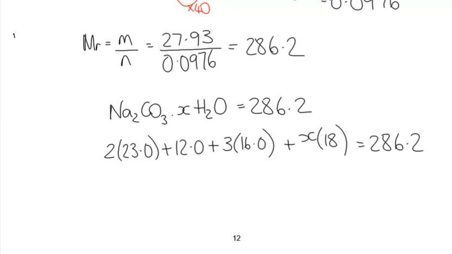So do some algebra, rearrange. I'm going to get 18x is 180.2. So x is pretty much bang on 10. Now it's a number of waters of crystallisation, so we want a whole number in that spot.